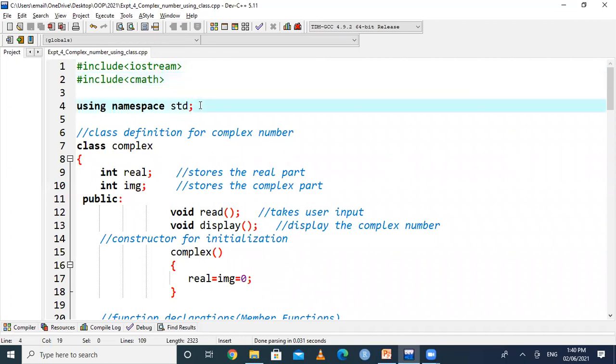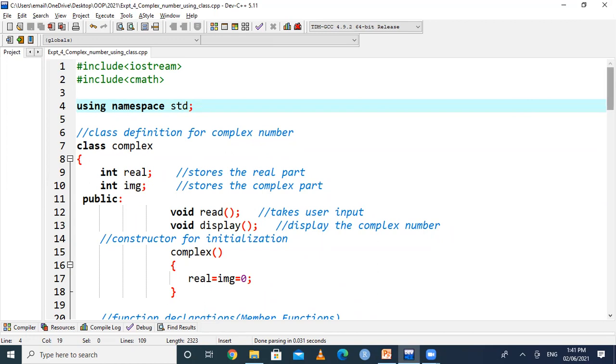After that, every such program contains the line using namespace std. In C++ we write this line because we have to define the scope of cin and cout, and that definition of scope is using namespace, where std means standard.